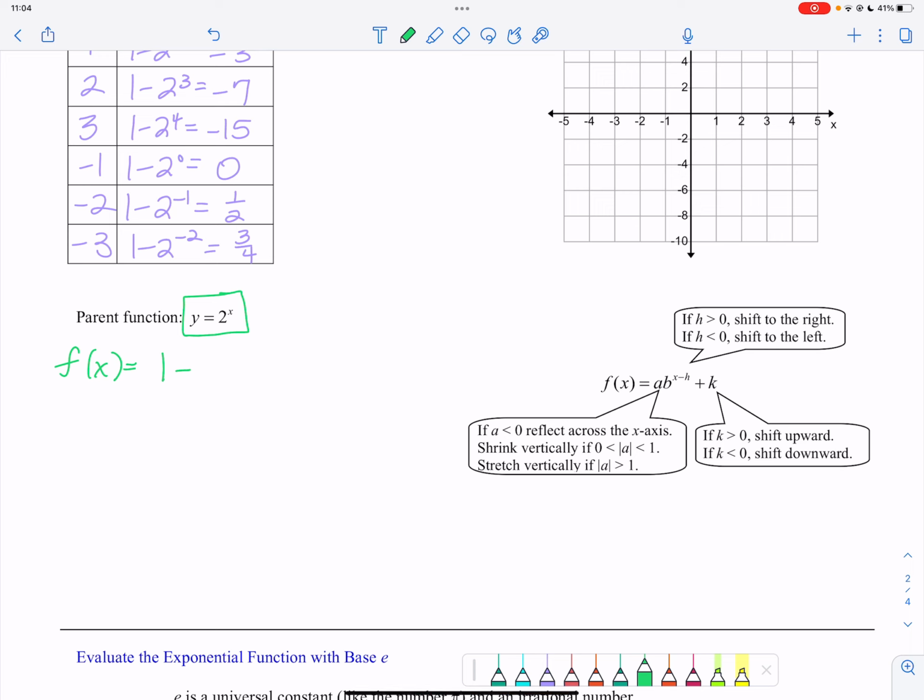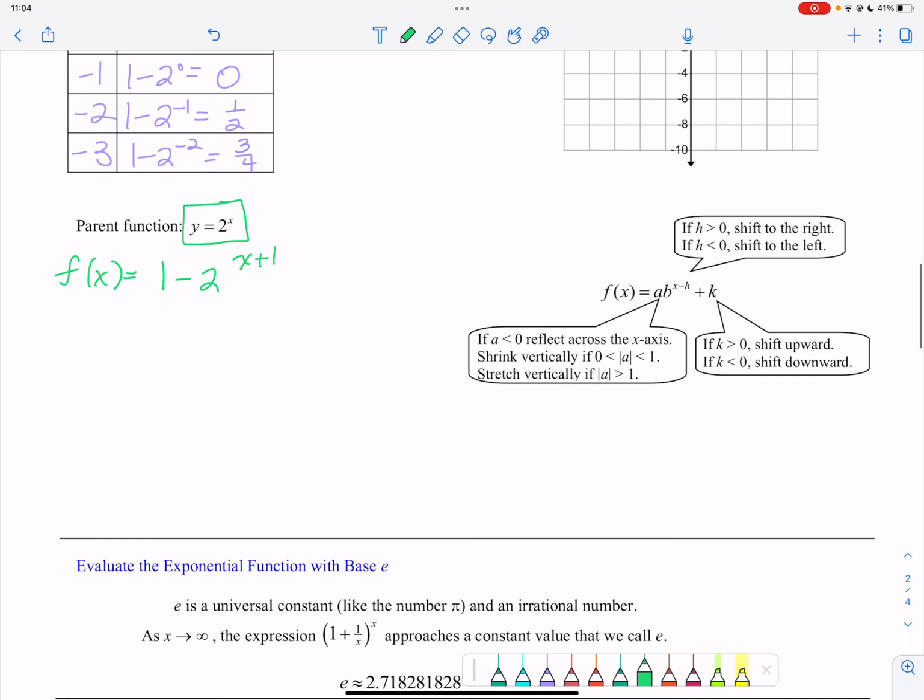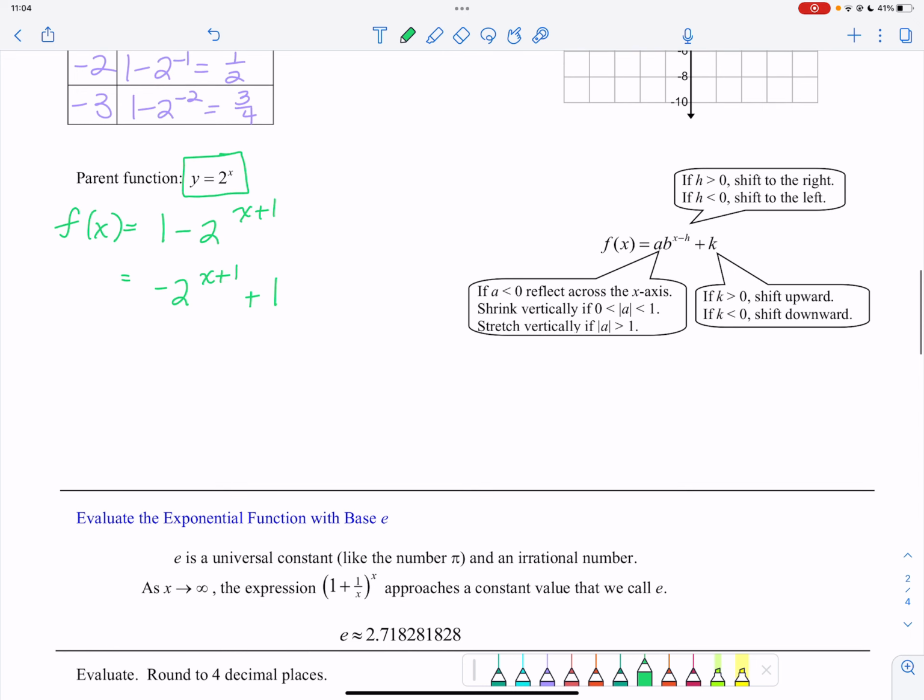So what we have, let's take a little closer look. We have f of x equals 2 to the x plus 1. Keep in mind, let's rearrange these terms. And this might look a little nicer. So what do you notice? Here, we will reflect across the x-axis. Here, we will go left 1 unit.